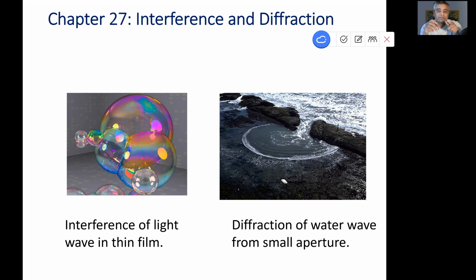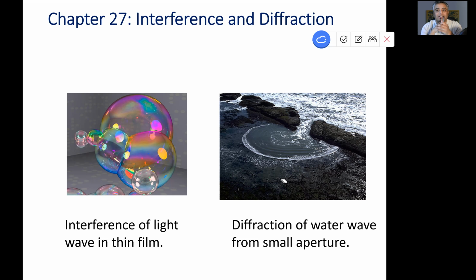And remember, I'm not talking about the bending phenomenon when it goes from one medium to another medium. That is the refraction we already talked about, and we just used ray diagrams to describe that.